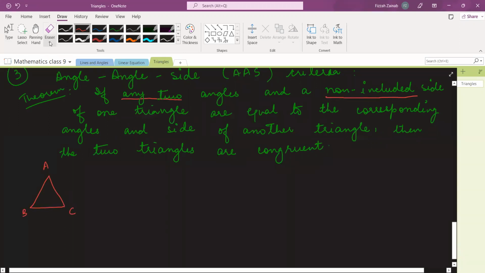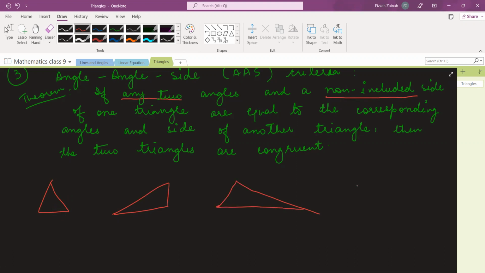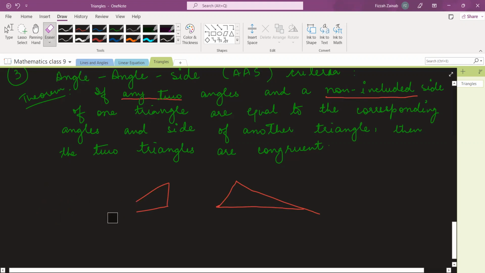And also note one thing, please pay attention here. I always draw triangles like this, but it's not necessary that it has to be like this. It can be a triangle like this also, or like this. Any shape of triangle can be there. So don't think that it is always an equilateral triangle. Is this understood?